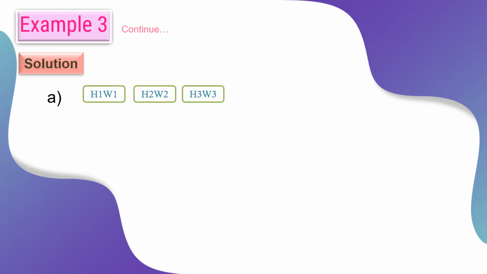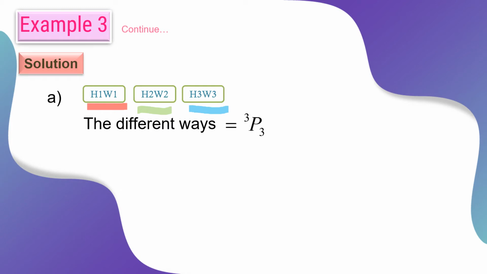So this is the first couple, the second couple, and the third couple. How many places are there? 3. So we calculate 3P3, and then multiply by 2 factorial.